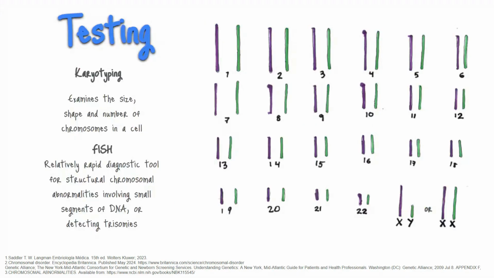Testing. Prenatal screening and testing can be performed to examine the chromosomes of the fetus and detect some, but not all, types of chromosomal abnormalities. Why is testing important? In countries where abortion is legal, parents may choose to go that route.